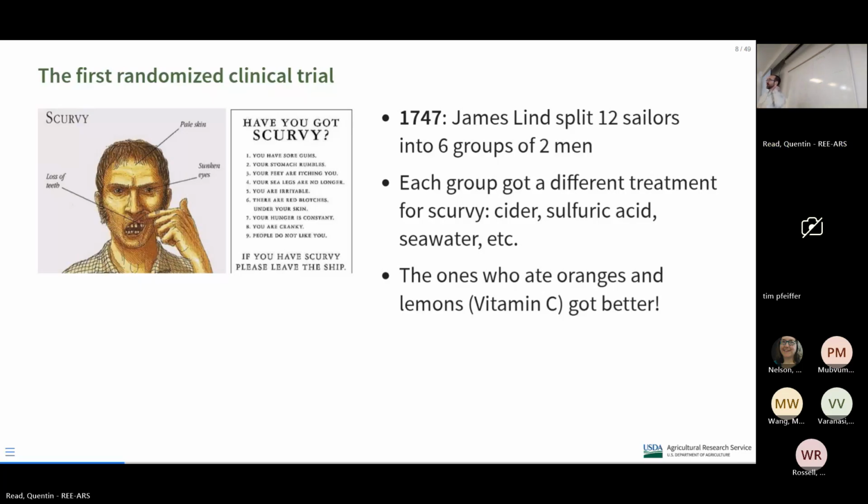But the flip side to the story that isn't often told is that it was not understood why the oranges and lemons were making them better, because vitamin C had not been isolated yet.